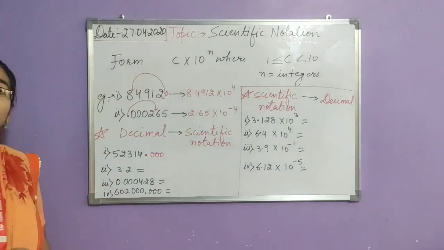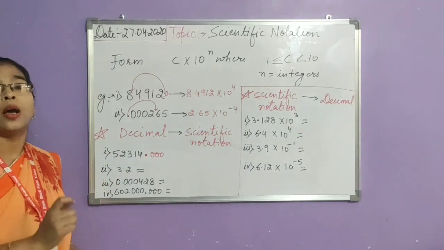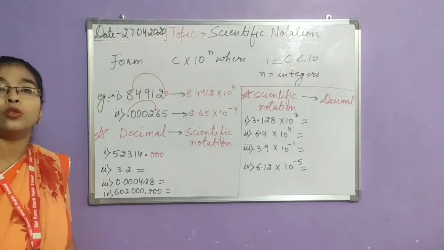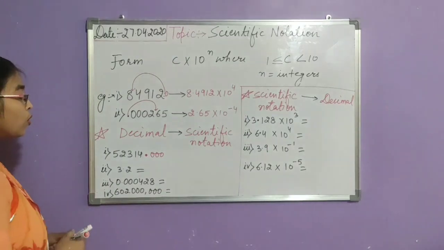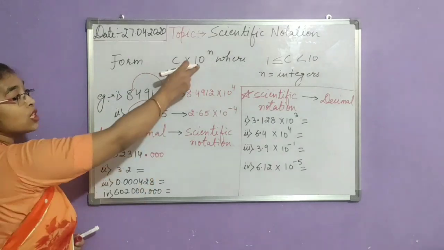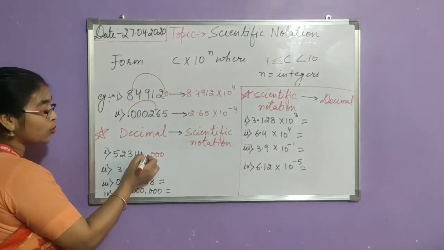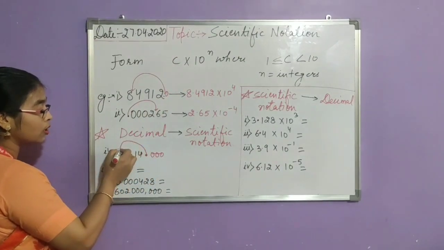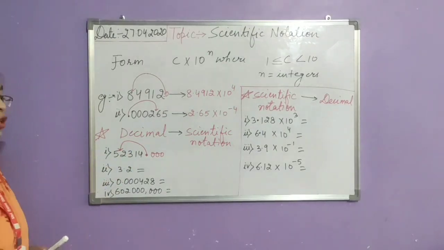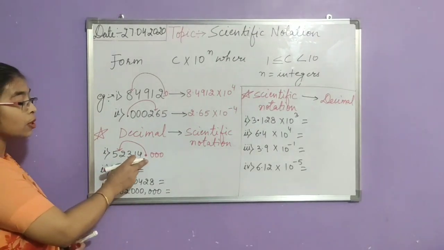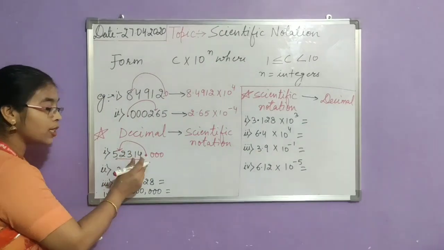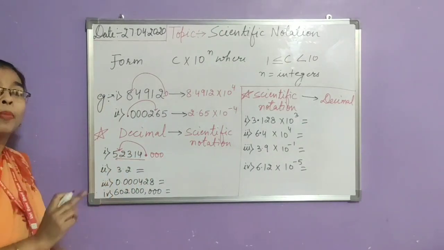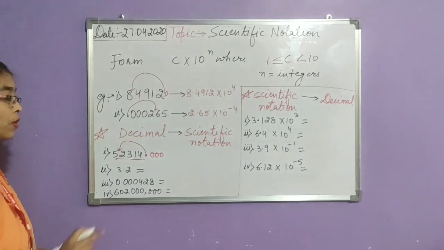In scientific notation, always before the decimal point we have to write only 1 digit. So in order to maintain this form, we have to move the decimal point here. So we are moving the decimal point towards the left side, so the power will be positive.